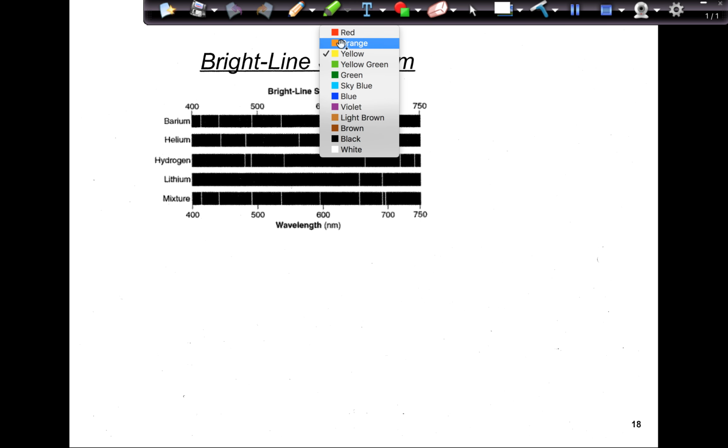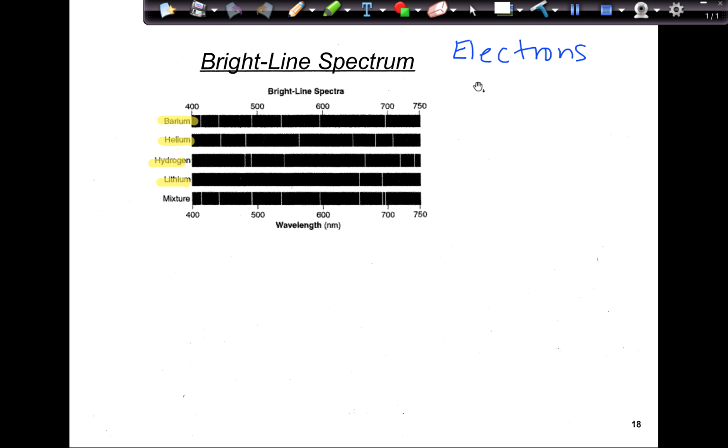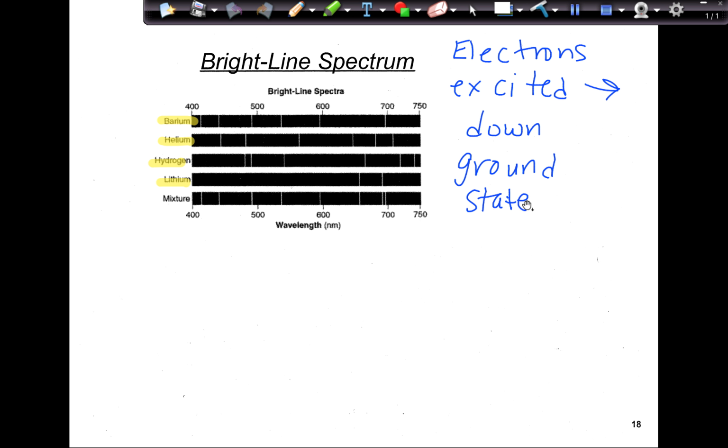For the bright line spectrum, what we should notice is that each particular element has its own characteristic bright line spectrum. This is produced when electrons from an excited state go back down to the ground state, releasing light.